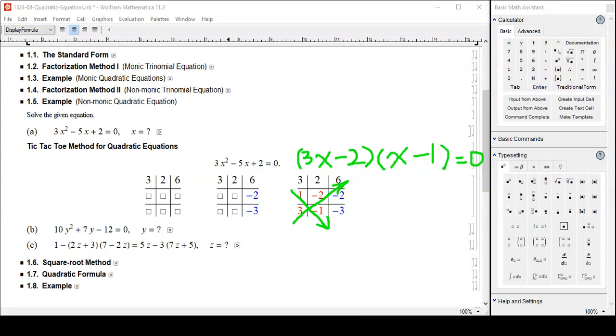That's how this tic-tac-toe method works. You get these two factors now. First factor is equal to 0, or the second factor is equal to 0. So from the first factor, you're going to get x equals 2/3. And from the second factor, you're going to get x equals 1.